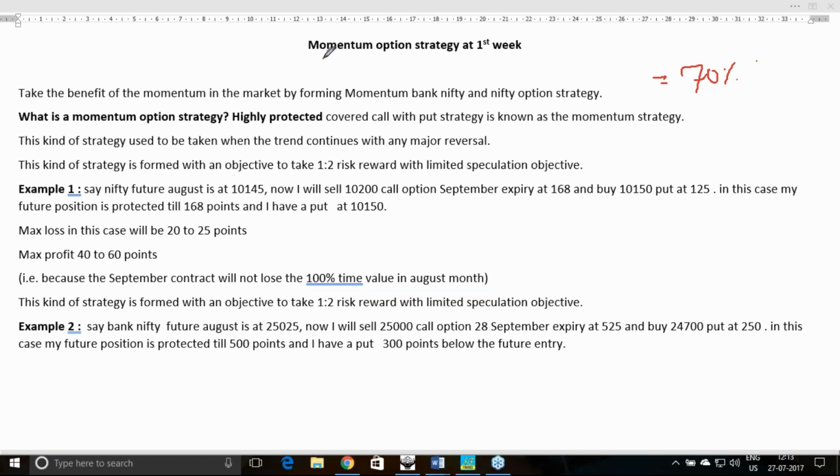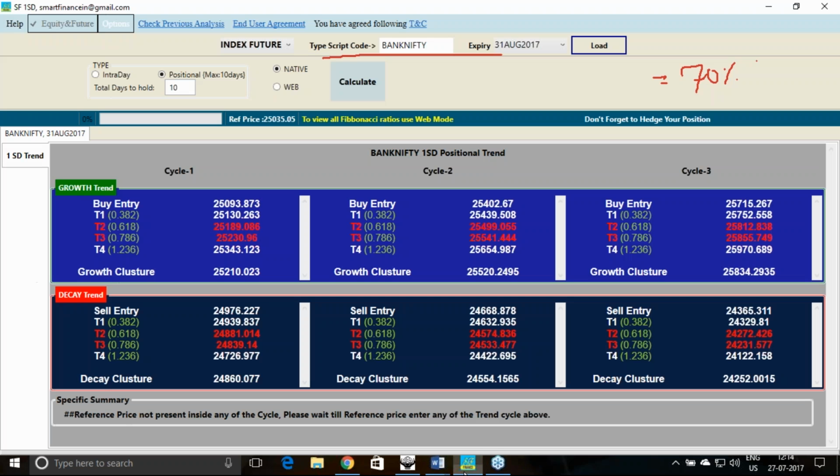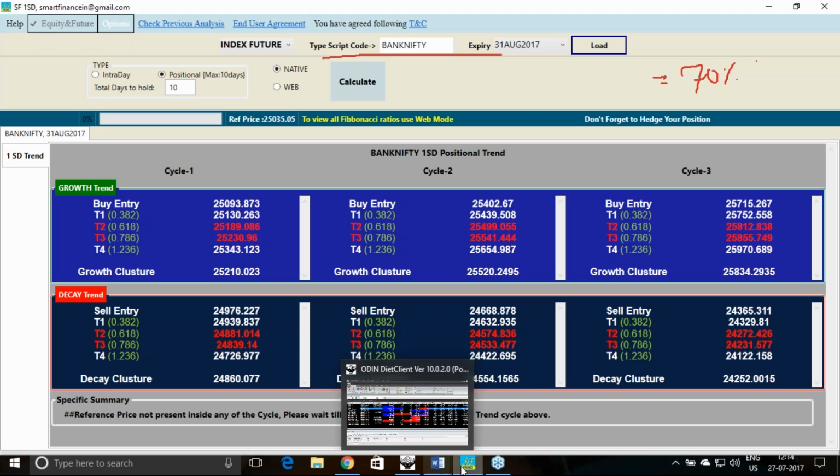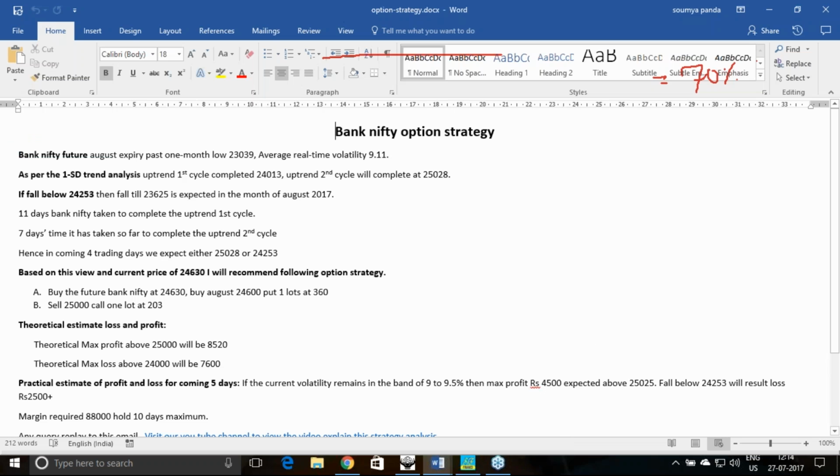If you follow this strategy along with the trend analysis, which has a very limited scope of speculation, hardly one or two speculations you may do in a month, it has the ability to give you 60 to 70% return per month with limited speculation, or zero speculation you can say.